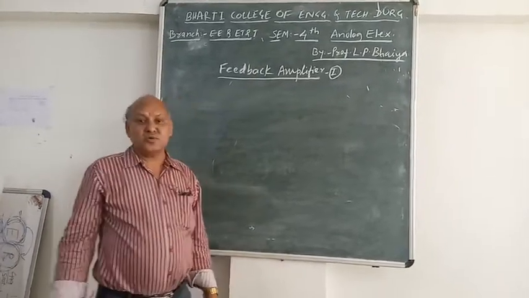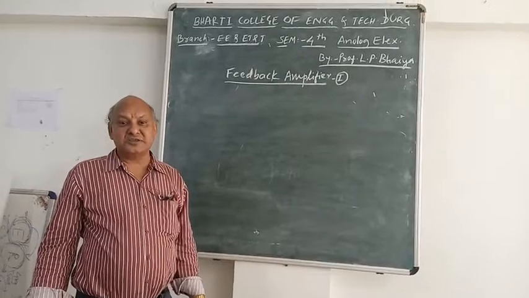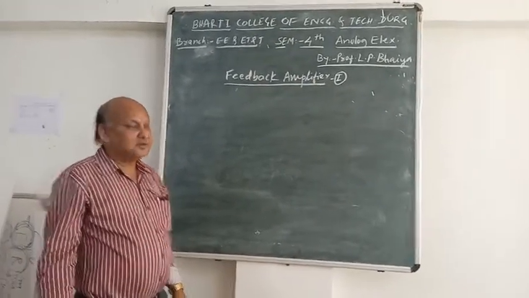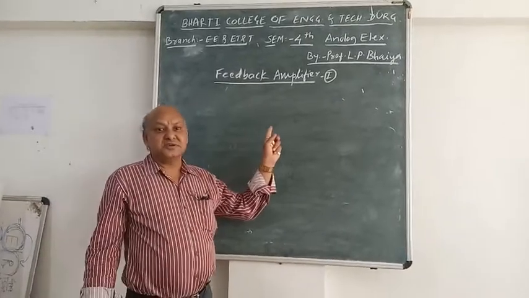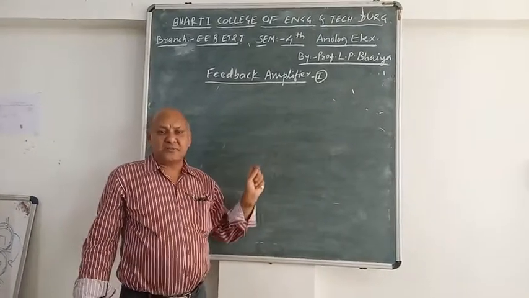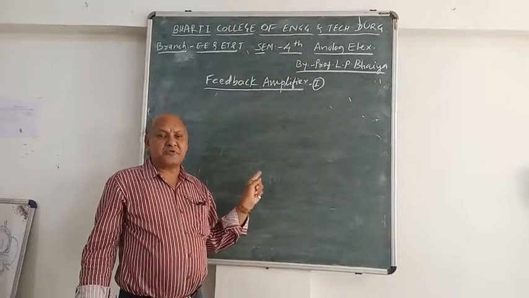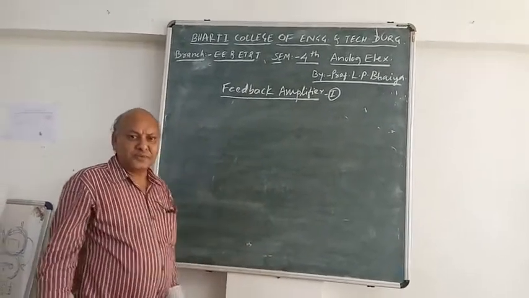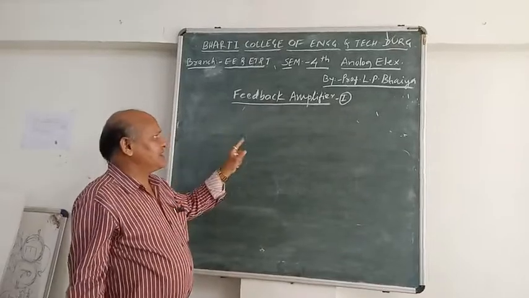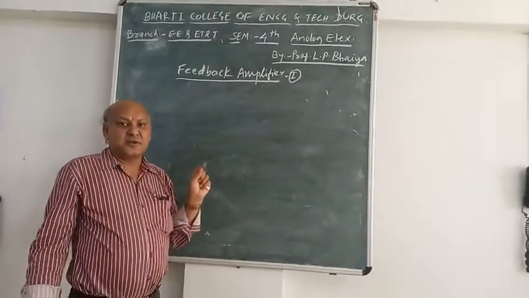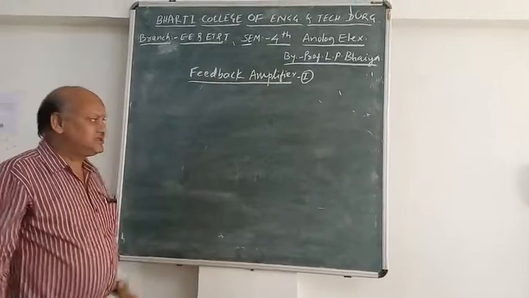Till now we have gone through the various parts of analog electronics, like the low frequency H parameter model, multi-stage amplifier, high frequency H parameter model, etc. Similarly, we have also seen the feedback amplifier, but the basic concepts we will see now.